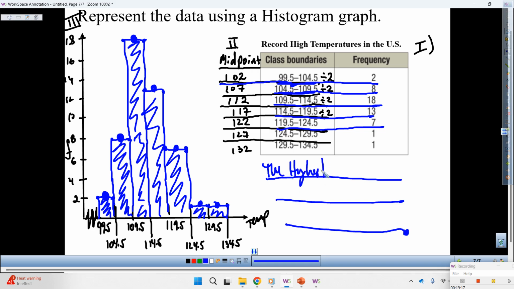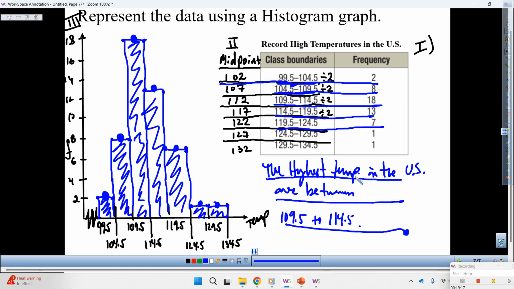The highest temperatures in the U.S. are between what? 109.5 to 114.5. All right.